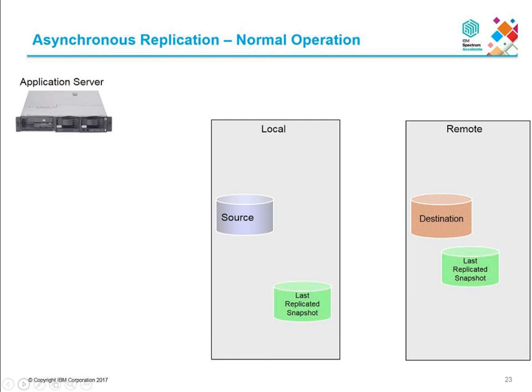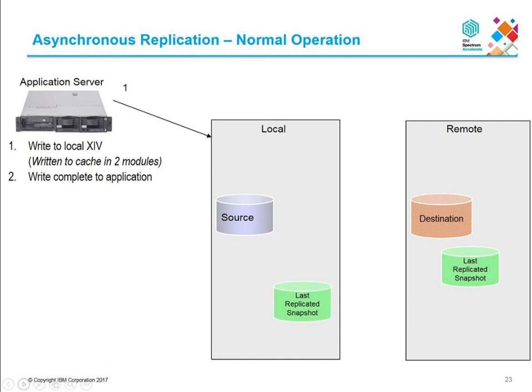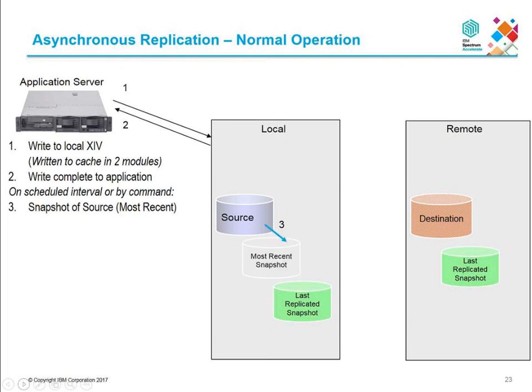So again, normal operation. I have my application server. I write to the local XIV or A9000, as the case may be. You guys can tell where these charts came from. Then I acknowledge the application. Then every interval, or by command, I take a snapshot of the source. Right, that's my most recent snap.